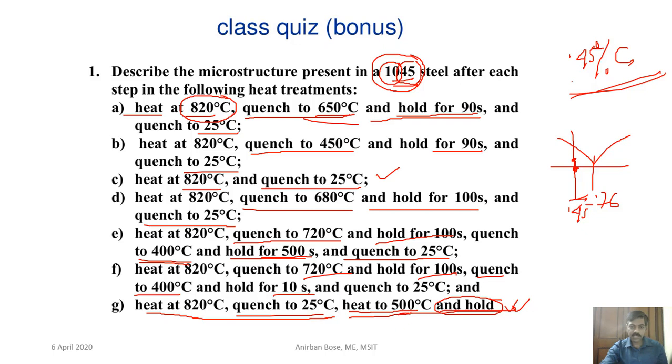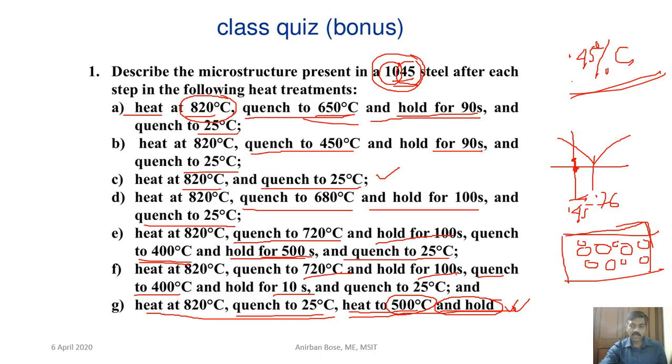At 500 degrees centigrade, some of the carbide particles or the cementite will form within the martensite. So the remaining portion will be martensite, and some of the carbides will form like this. All of these are not going to form a ball-like structure, but some of them will be fine. This kind of structure will be formed.